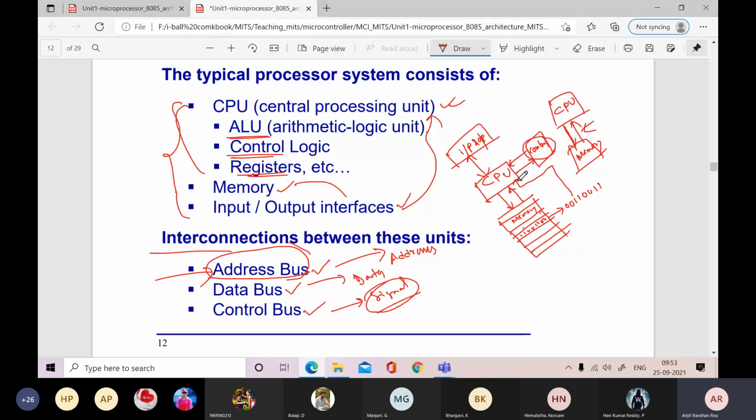After that, the CPU understands, okay, this is the address of this memory. After that, another time the control signal will generate another signal. Okay, the address I already found. Now I need the corresponding data at this address.